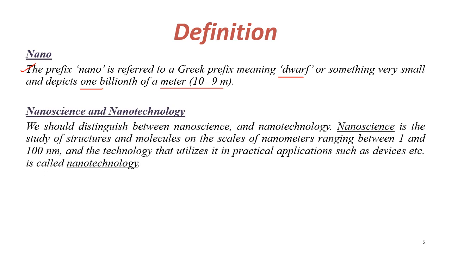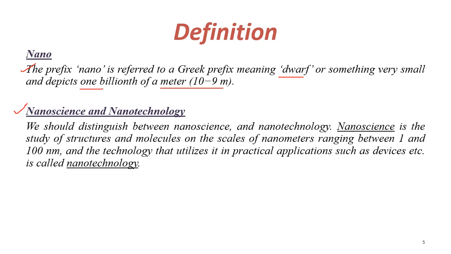Next, we should be able to recognize or understand what is nanoscience and nanotechnology, because so far we have been using these two terms simultaneously. So a quite clear distinction has to be made between nanoscience and nanotechnology.